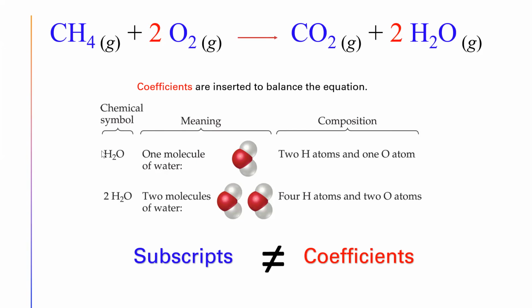This is a coefficient, and this is a subscript. Okay, I'm sure you get it already. Coefficients show us the amount of molecules, and subscripts show us the amount of atoms.